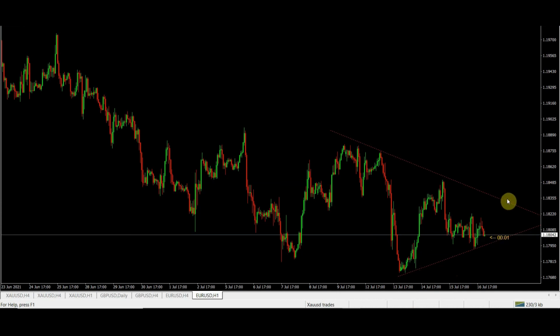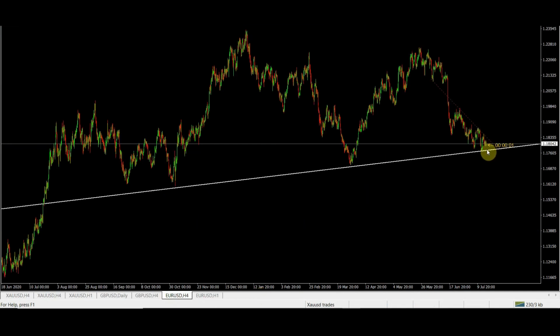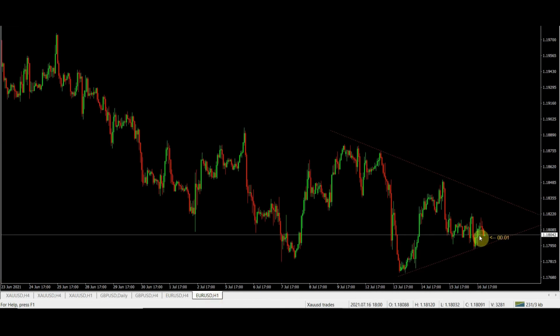So it most likely will break off this triangle, and then we have a pretty nice uptrend because of the trend line that is respecting over here. But momentarily this week, it's to test this and then maybe retest back to the highs of the triangle before breaking off this triangle that we have here. So that's basically what we'll be expecting during this coming week.